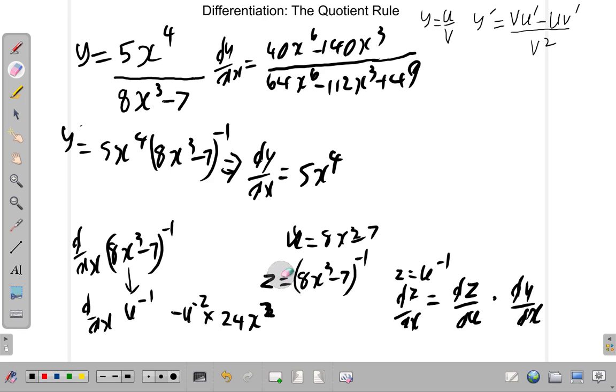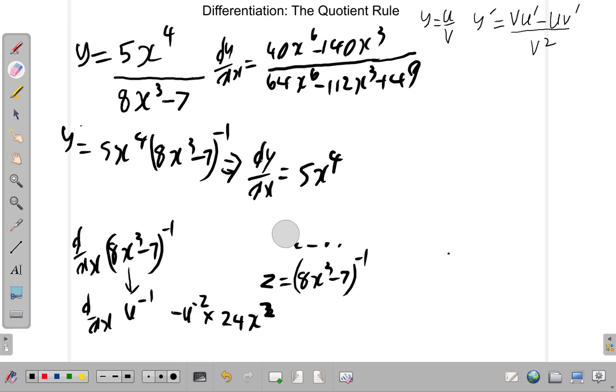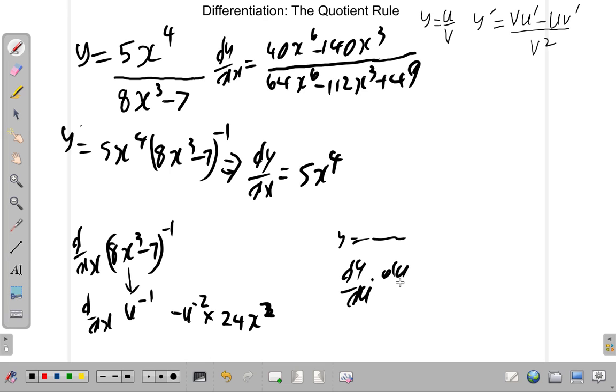Now here, you see, after you do plenty of chain rule, you can develop the skill of using the chain rule without having to write down y equals u, dy by du, du by dx, and so on.